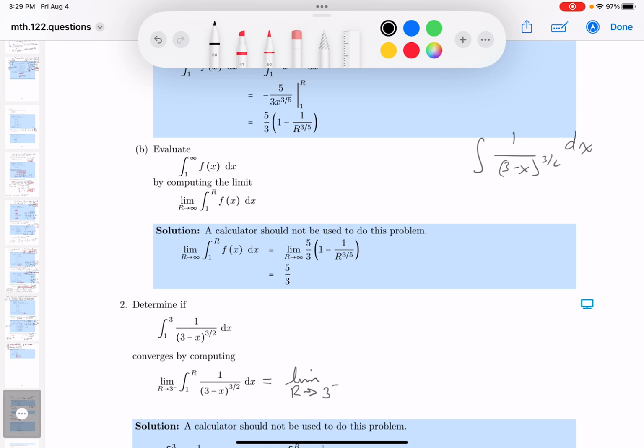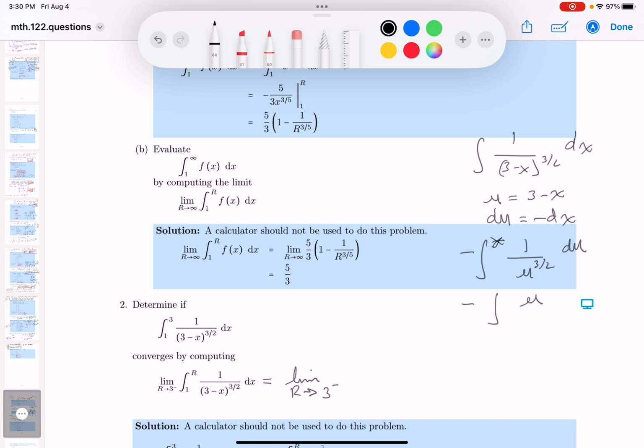For a lot of students, this is not necessary. What is necessary is that you're able to think through it. So I'm going to say u equals 3 minus x, and du would be minus dx. So if I were to do that integration, what would I get? I get 1 over u to the 3 halves, and then the dx is actually just minus du. Let me keep going.